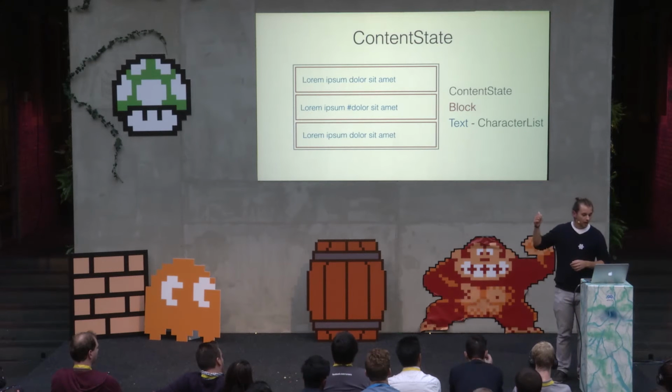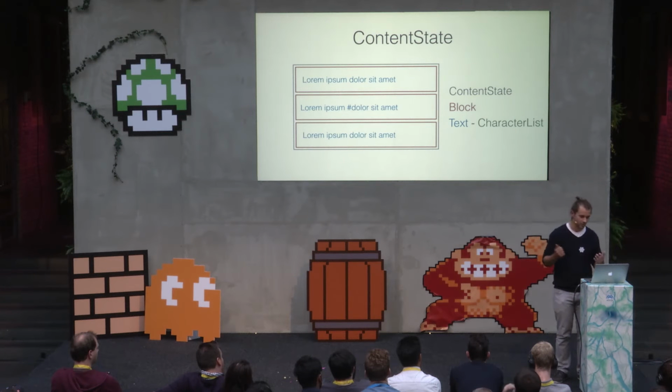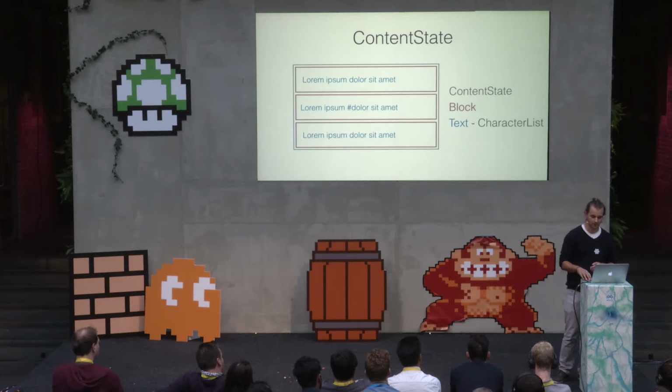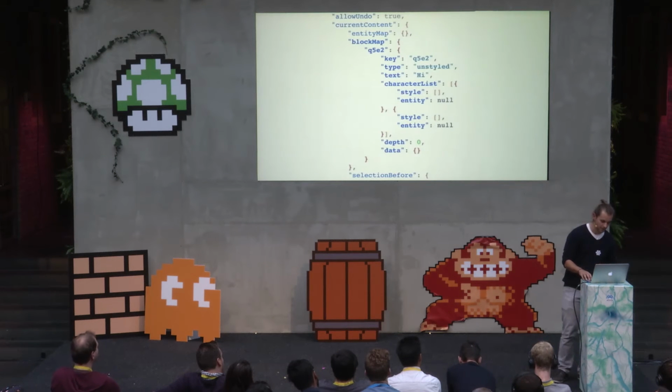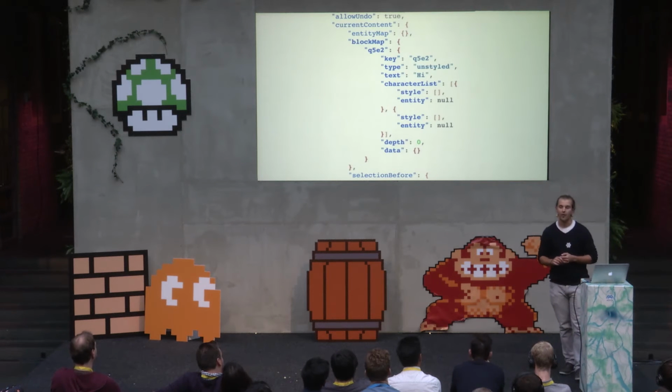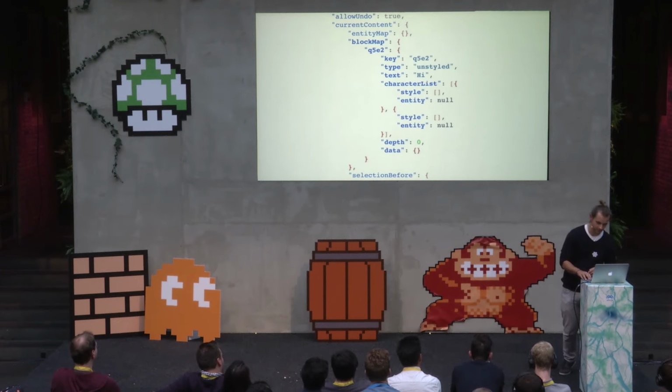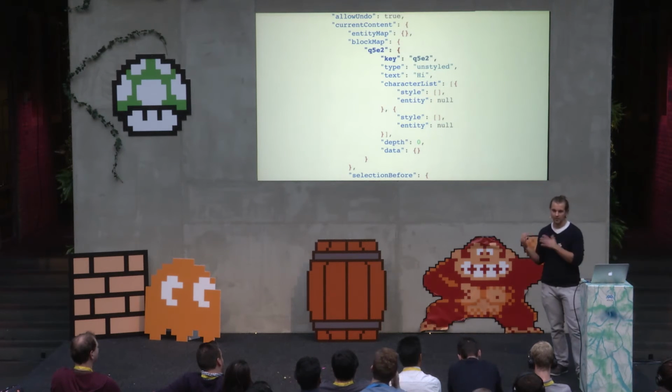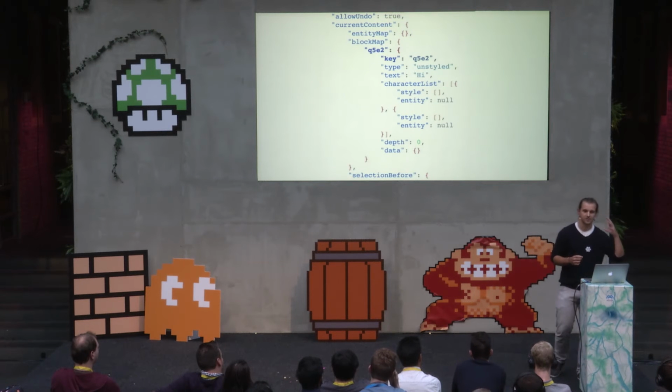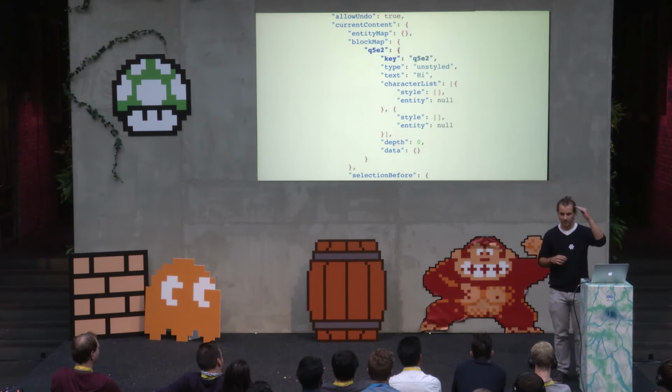And a block has 2 parts. It has a text, which is, in our case, the hi, and the character list. So let's break our hi down and see what we can do there. We have a block map. We have our first block here. You can see the blocks contain an object, and every time you create a new block, there will be a new block object.